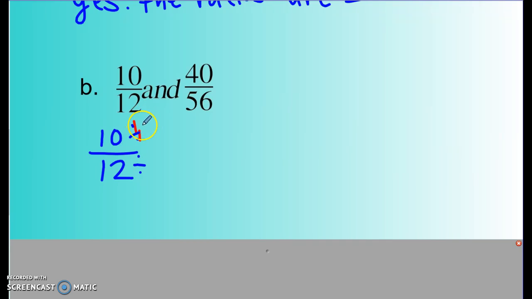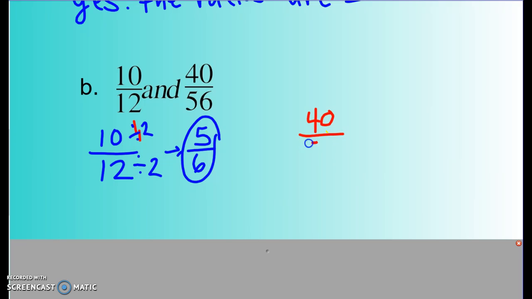In this case, they are both even, so I'm going to start with 2, and once I simplify that down, I'm looking at 5 to 6. So that's the first ratio simplified. The second, we have 40 to 56. These are also both even numbers, so I'm going to start with 2 and see where that gets me.